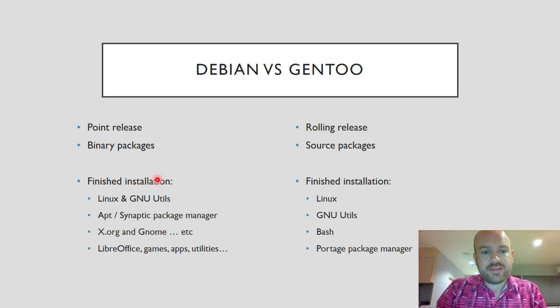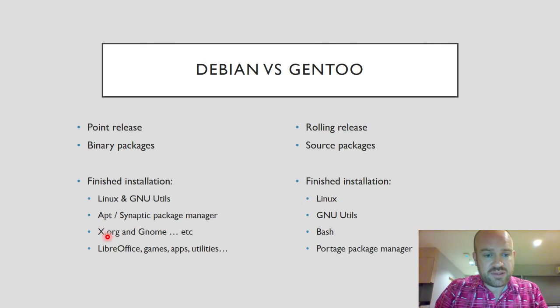When you finish the installation of a Debian system, you're typically going to get the Linux kernel. You're going to get some utilities from the GNU commands and stuff. You're going to get the apt or synaptic package management that is delivering these packages for you.